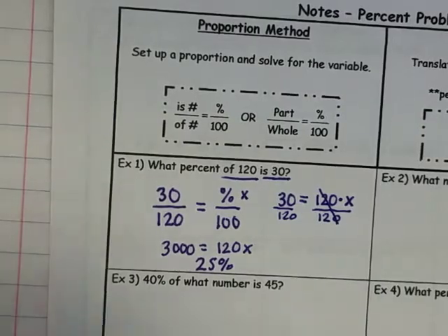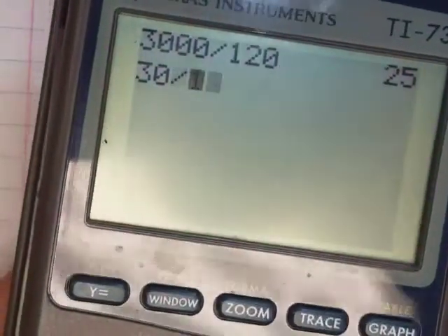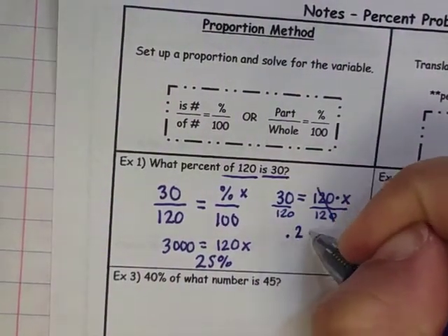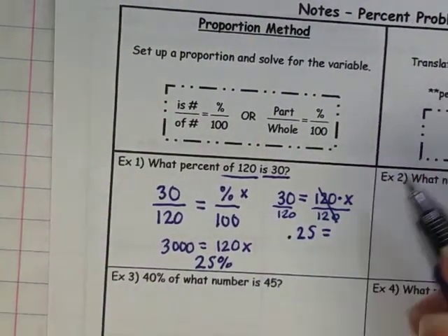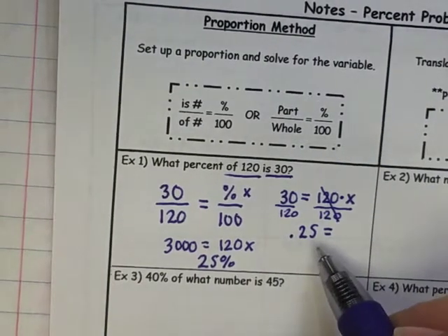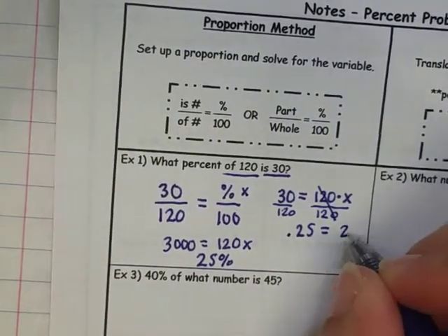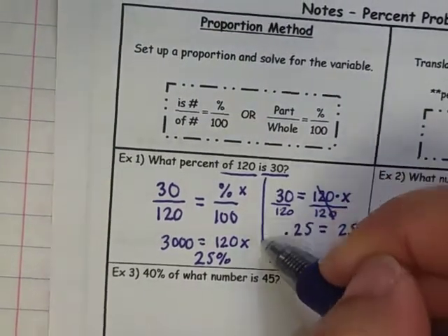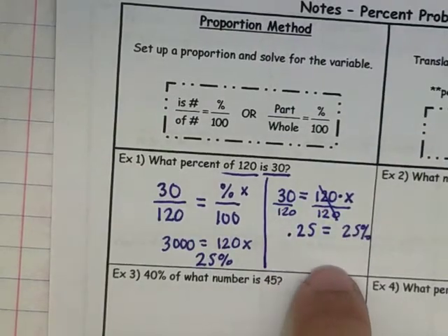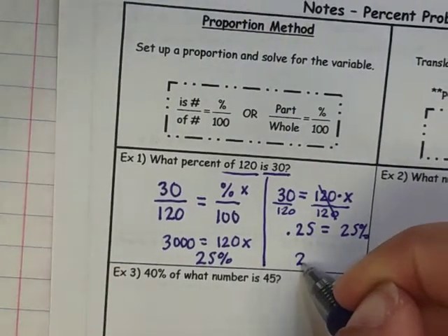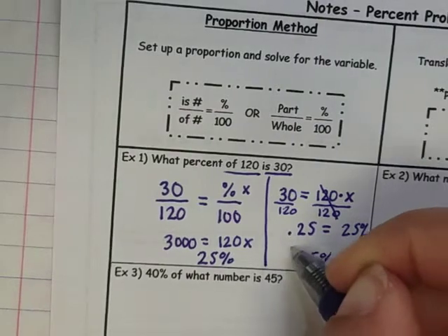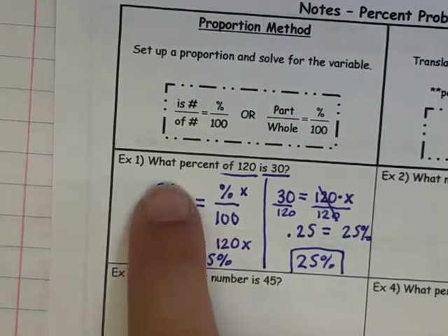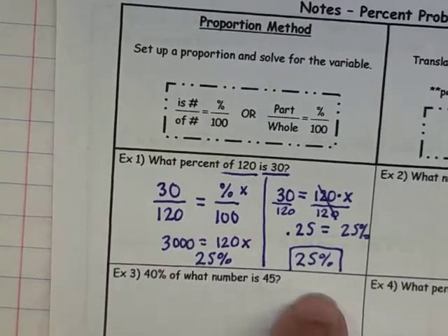And in your calculator, 30 divided by 120 is 0.25. And so when you're doing the equation, you actually have to change your answer to a percent. So 0.25 as a percent is 25%. So both methods, the proportion method and the equation method, you still get 25%. And you can also look at it this way. 30 out of 120, well, that's 1/4, and 1/4 is 25%.